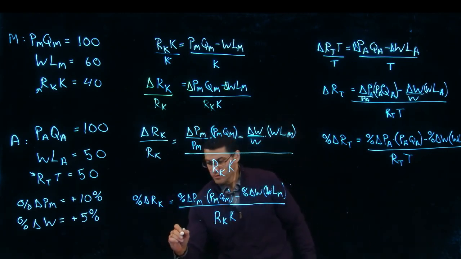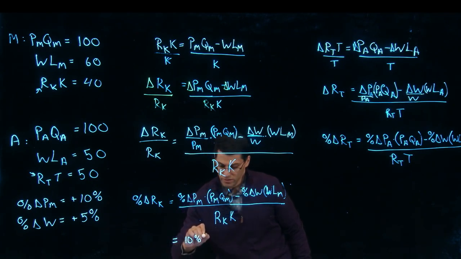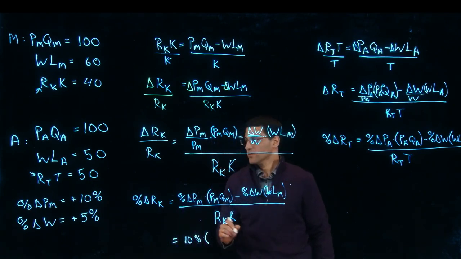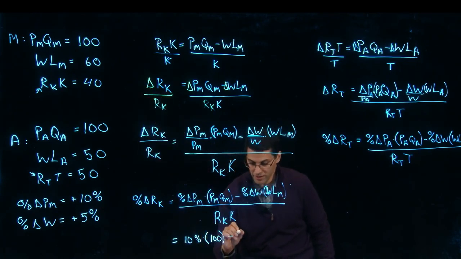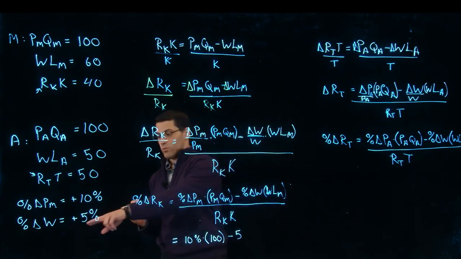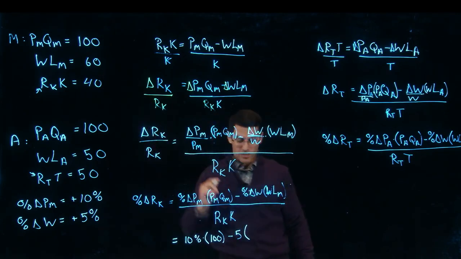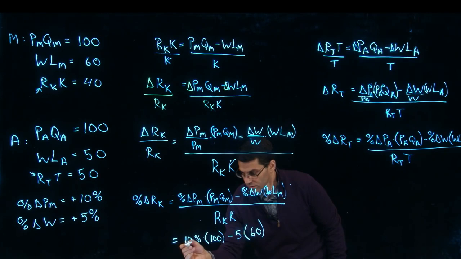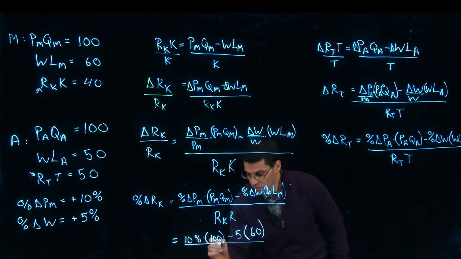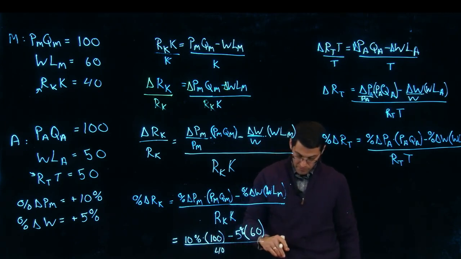So this becomes 10% times 100, minus the 5% increase for the wage that we assumed times 60, all over 40.